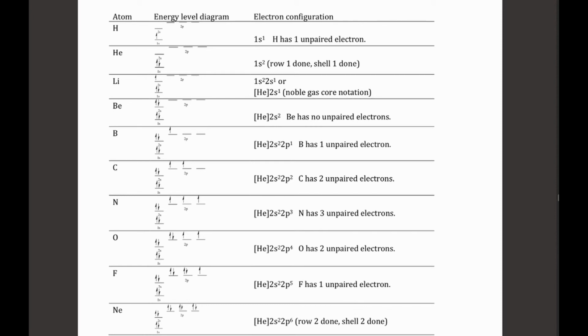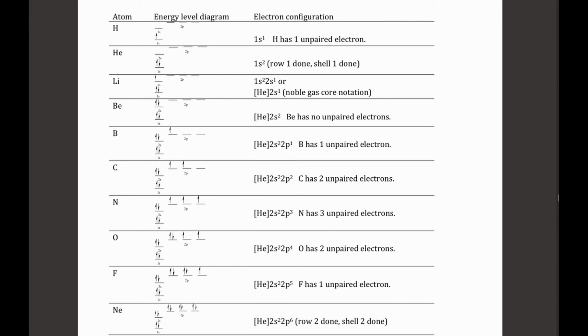Its electron configuration is [He] 2s2, 2p4. Fluorine, yet one more electron. Putting that one in, we have the electron configuration [He] 2s2, 2p5, one unpaired electron. And then we get to neon, and we put that last electron in the 2p atomic orbital, and its electron configuration is [He] 2s2, 2p6.